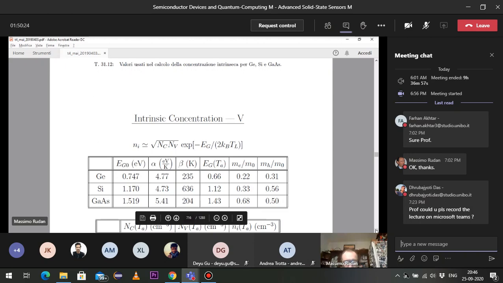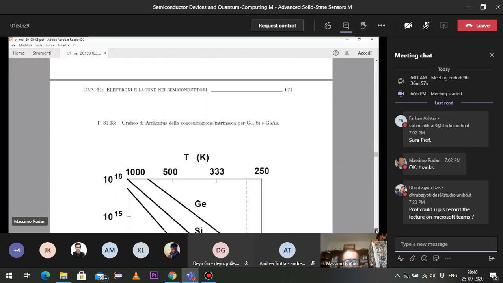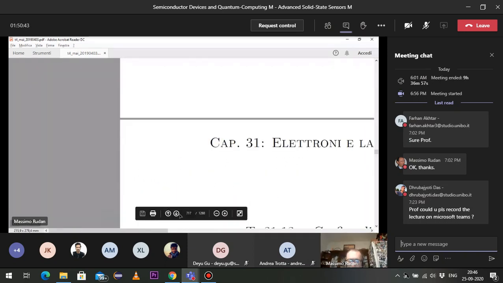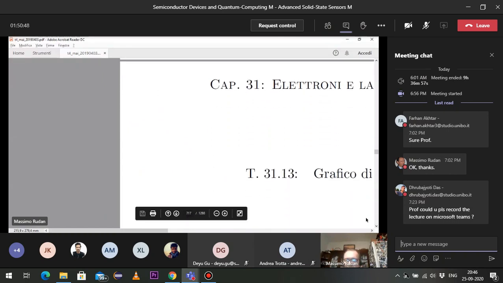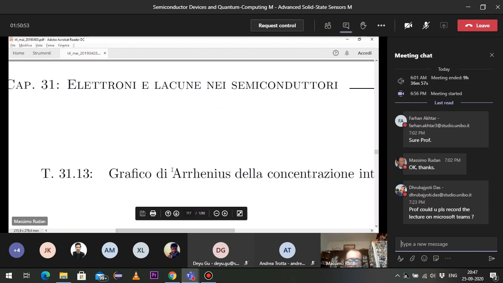So when we use a graph of this type, meaning that we consider the log of the function in terms of the inverse variable, we say that we are using the so-called Arrhenius plot. Arrhenius is indicated here. This one is the Arrhenius plot.